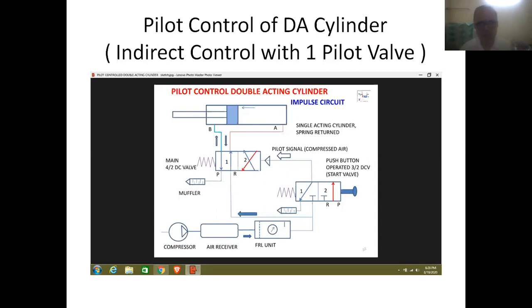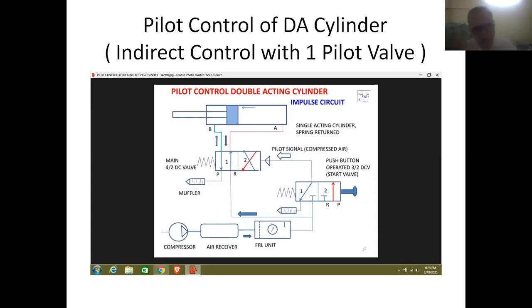So friends, this is about the construction and working of a pilot valve ultimately used for controlling a cylinder. It is called indirect control of the cylinder, also referred to as pilot control of cylinders. If a DC valve alone is used for controlling the cylinder, it is called direct control of the cylinder.